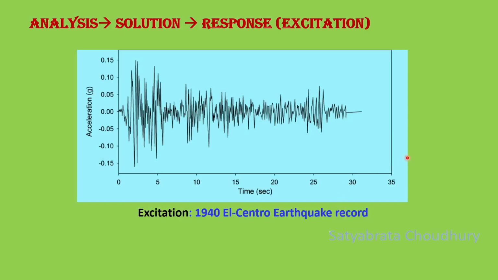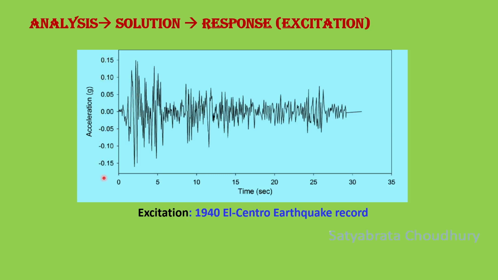We are showing here an excitation, an earthquake, which is the 1940 El Centro earthquake. The ups and downs, the zigzagness in the acceleration, are called frequency content. It shows at what intervals the frequency is changing up and down. It is up and down in this figure, but in the actual physical field it can be left and right, or say east and west, etc. These accelerations are given in terms of g, that is, the values divided by g.